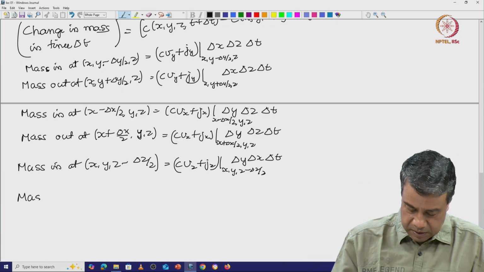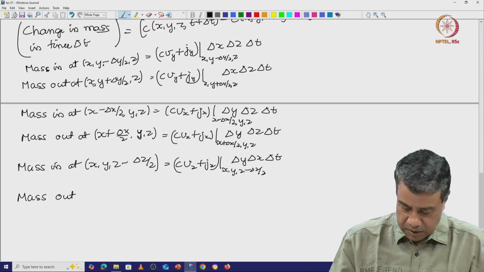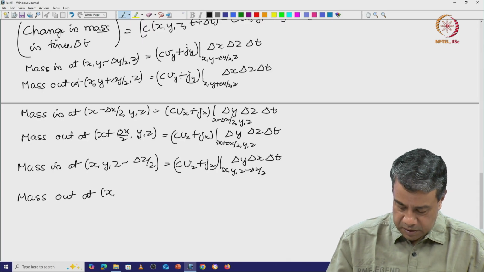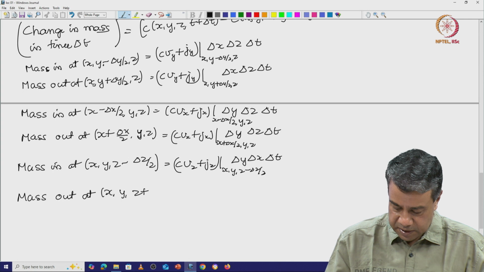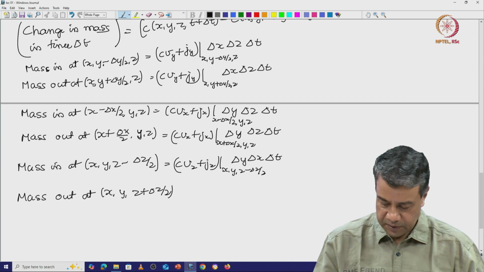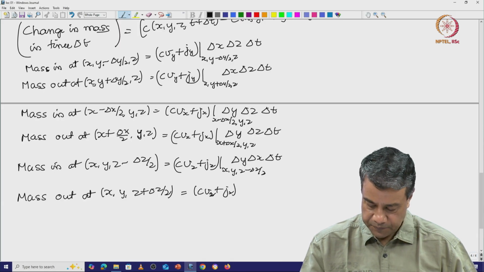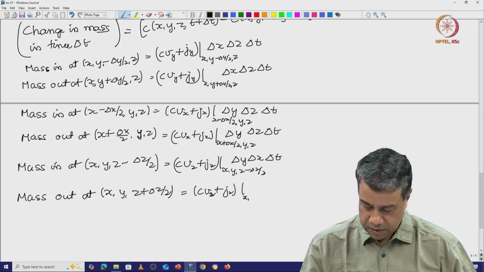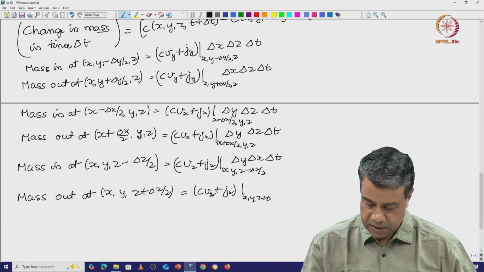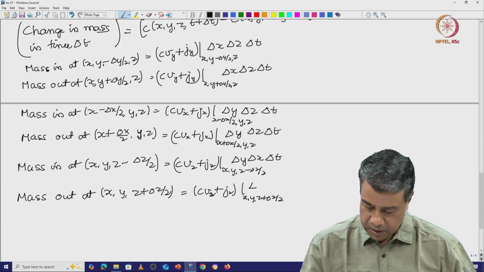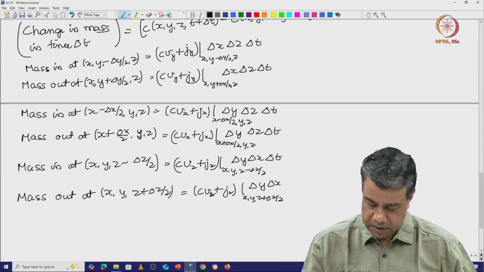And mass out at x, y, z plus delta z by 2 is equal to C Vz plus Jz at x, y, z plus delta z by 2, delta y delta x delta t.